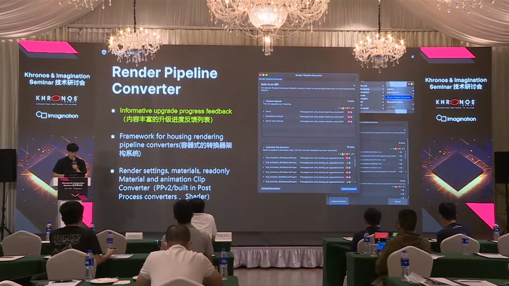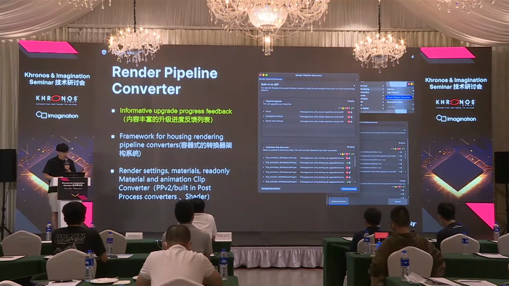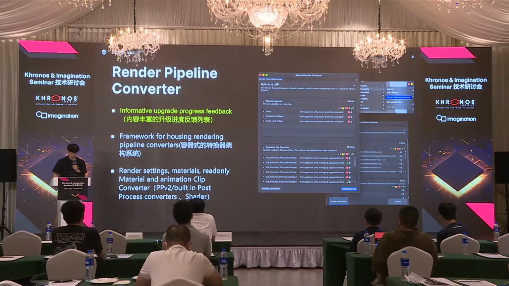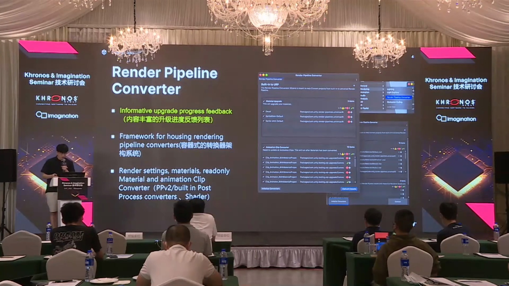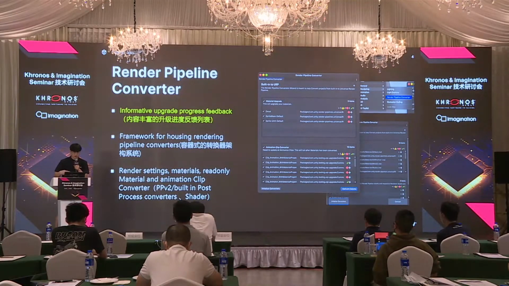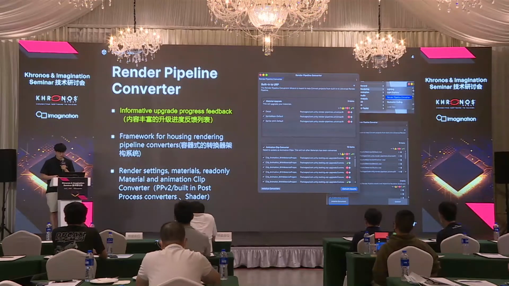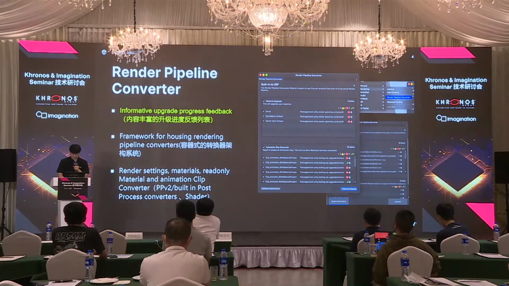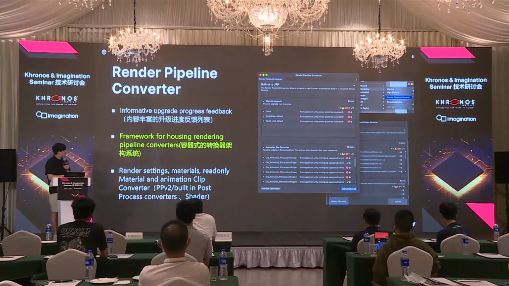The render pipeline converter can provide informative upgrade progress feedback, and while watching the list we can understand which assets can automatically upgrade and which assets can be affected by upgrading to URP and need manual intervention. And during the manual workflow, the converter can also provide us with some upgrade guidelines and manuals.